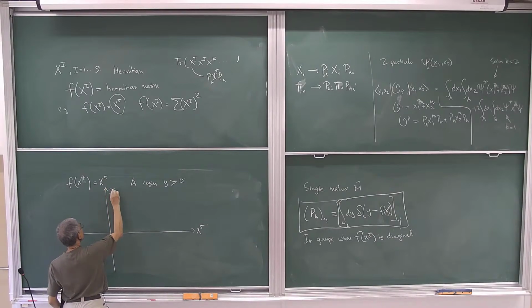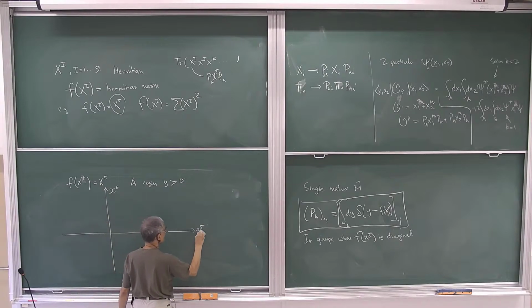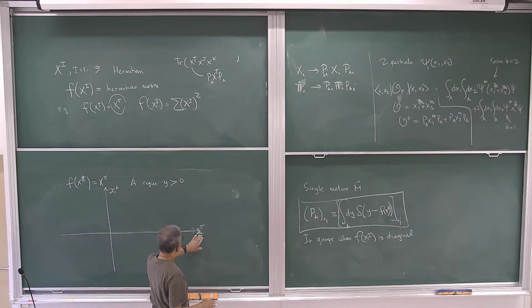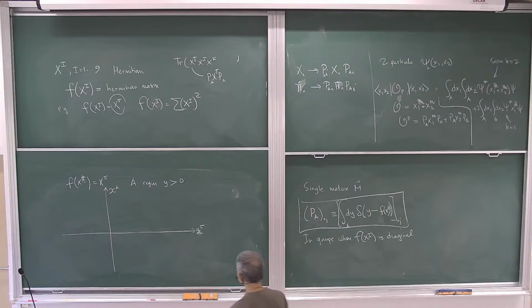Okay. So in terms of our pictures, let me draw another direction. I'll call it small x, x6, and I'll call this x5. What this means is like the space of eigenvalues of the matrix x5. Okay.